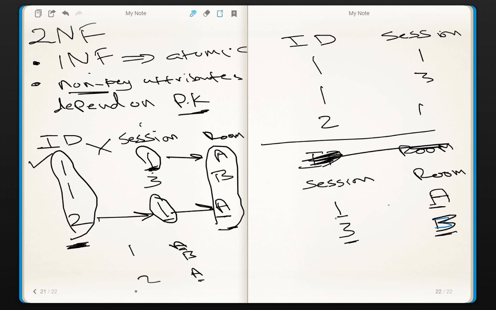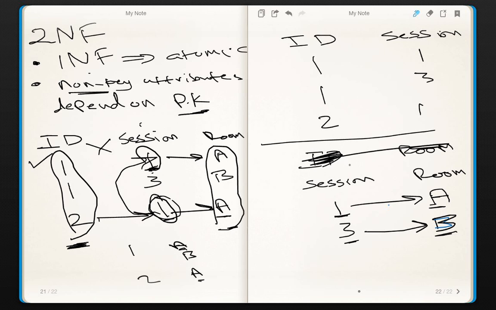Now in this case, obviously we do not have to repeat ID 1 again from here, because this one is exactly the same as this one, so we only have it once. We don't need to duplicate it again. So session 1 will define room A, session 3 will define room B. Now in this table, session is the primary key, and therefore the room depends on the session, which is the primary key.